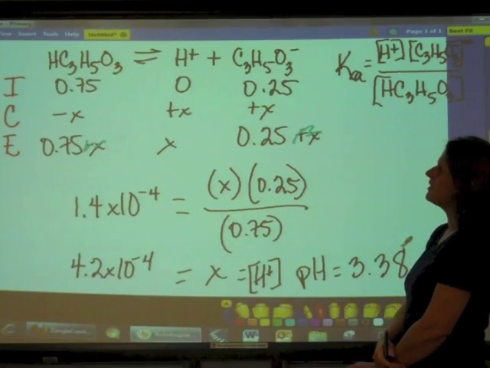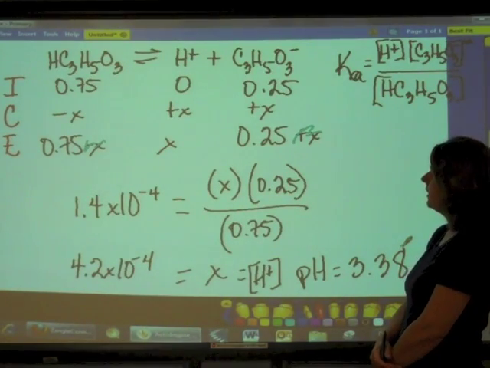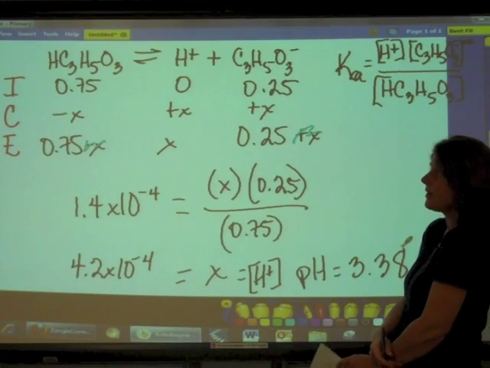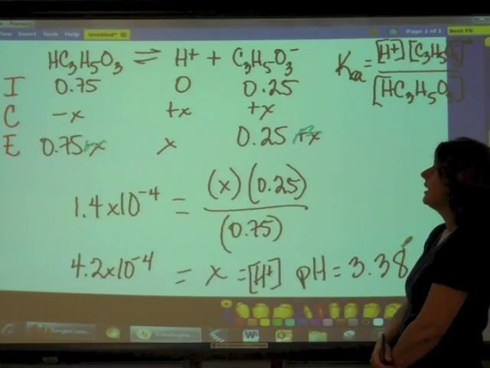All right, so really nothing different than what we did with the common ion effect, because that's what it is.